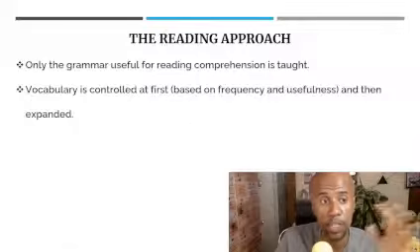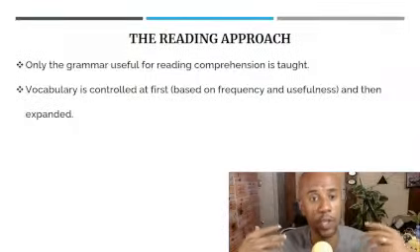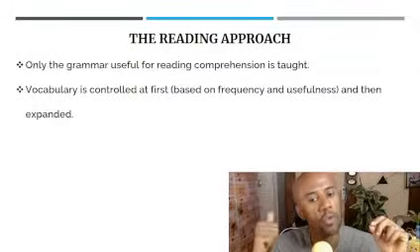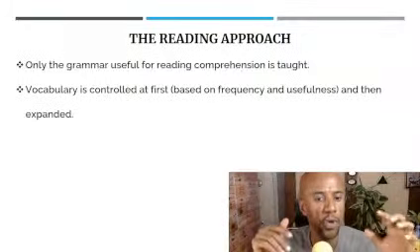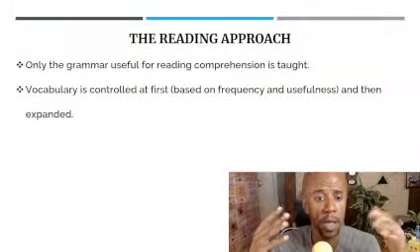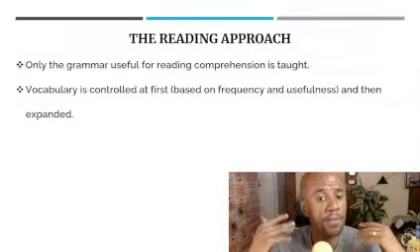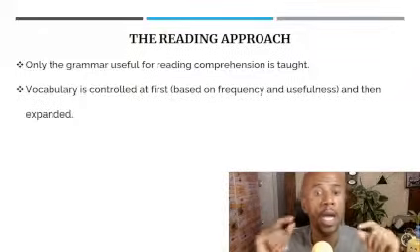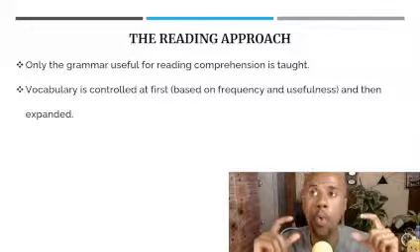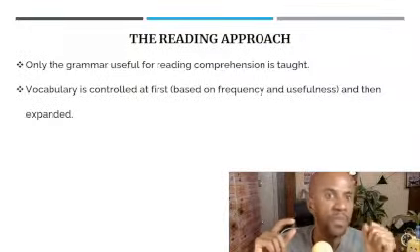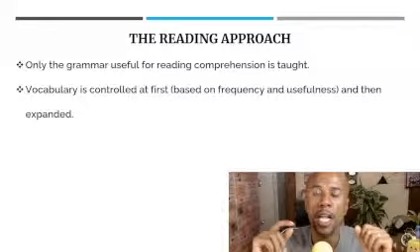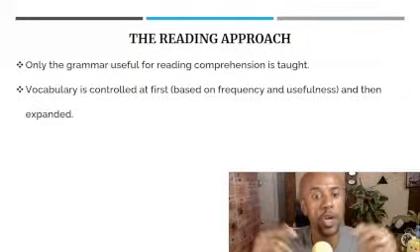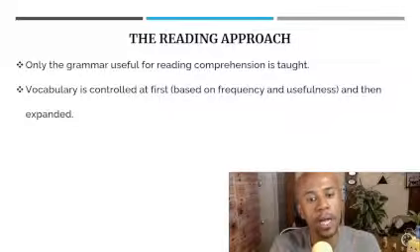So vocabulary is controlled at first based on frequency and usefulness, and then expanded, which is different from the grammar translation approach, which, as we have seen earlier, right from the beginning, you are given a text, but you are given very difficult texts to read in Latin or in French or in Greek, and there is no limit to the kind of vocabulary that you are going to be exposed to in the grammar translation approach.